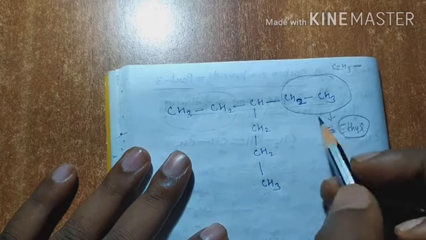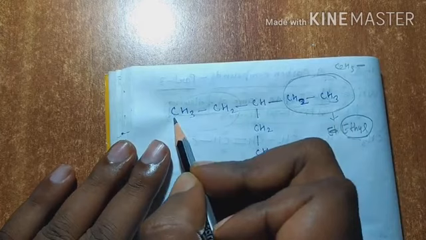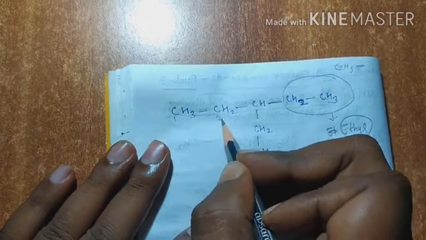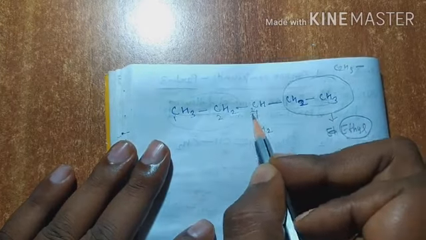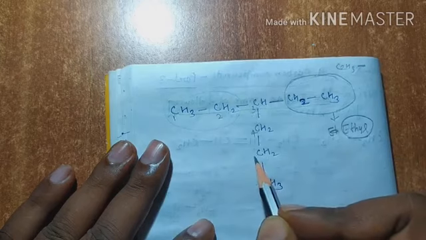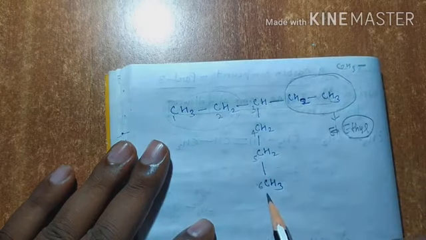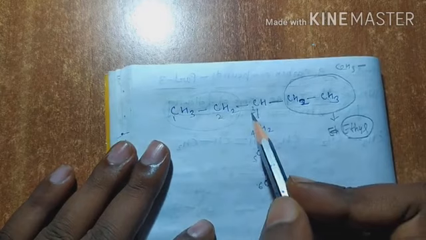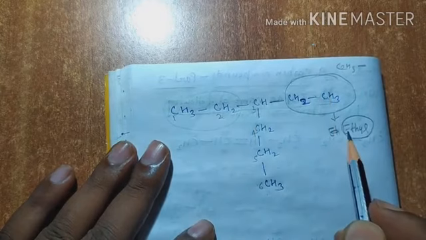Okay, so we will give the numbers 1, 2, 3, 4, 5, 6. So on the third carbon, this ethyl group is present.